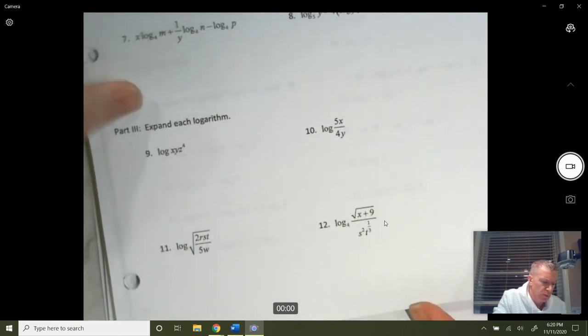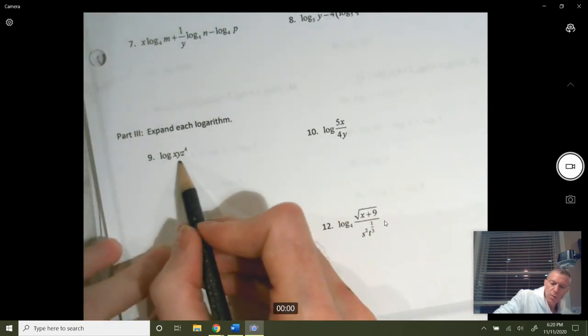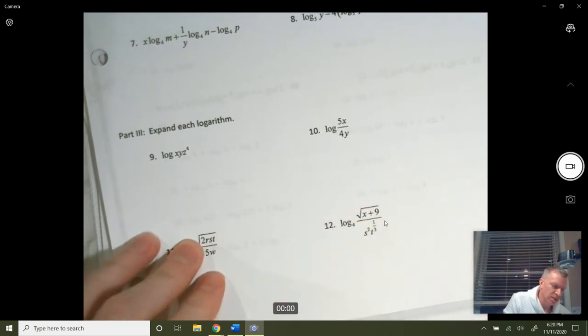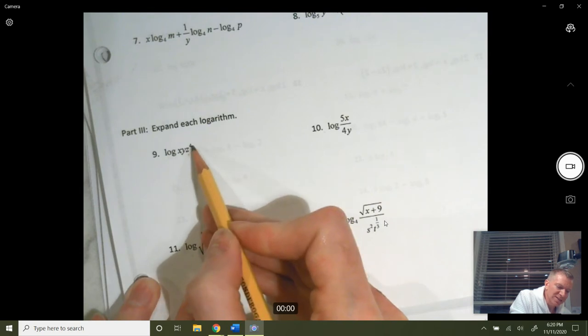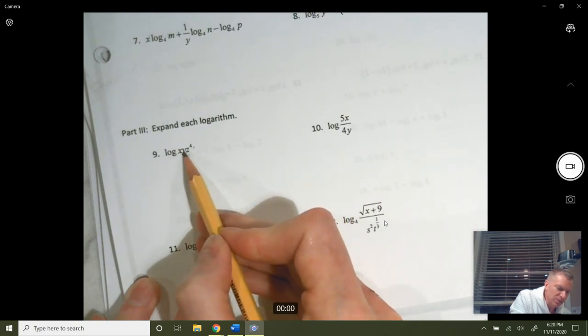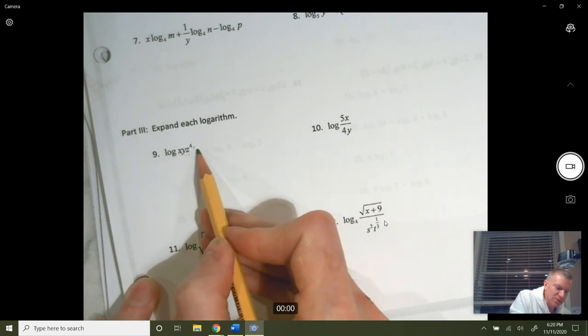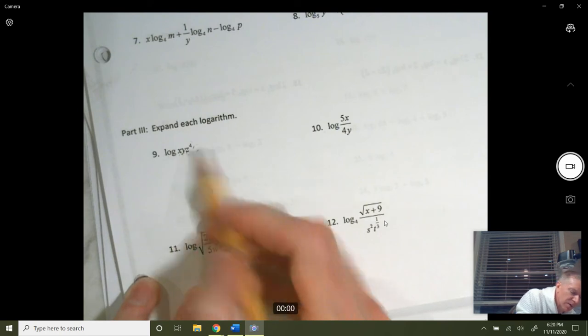Let's do some of these where we're expanding. Okay, so when you expand, make sure you use the rules in the proper order. Now this 4, you can't pull that out front because it's not an exponent on the entire argument. It's only an exponent on the z. This 4 has nothing to do with the x and the y. So if you move it in front, now it's being multiplied by the entire log. It is going to affect the x and the y. So you've got to break these apart first.